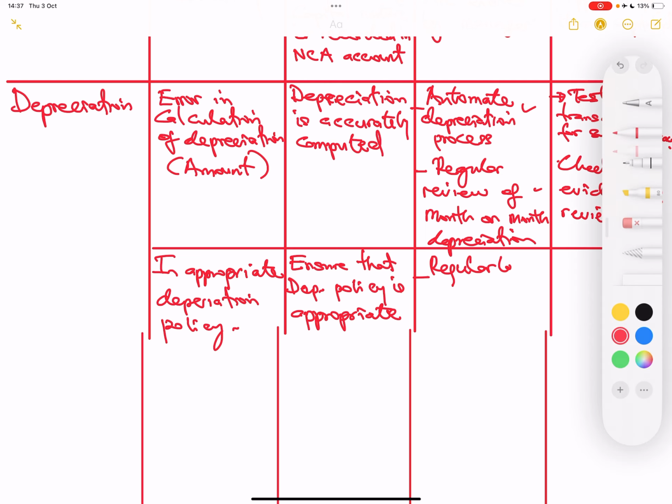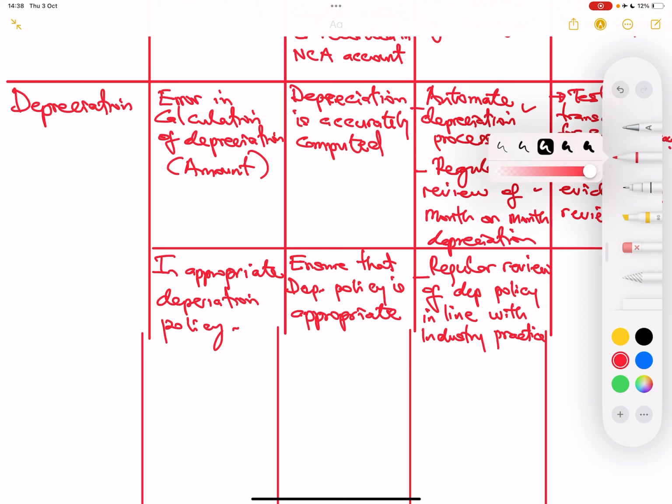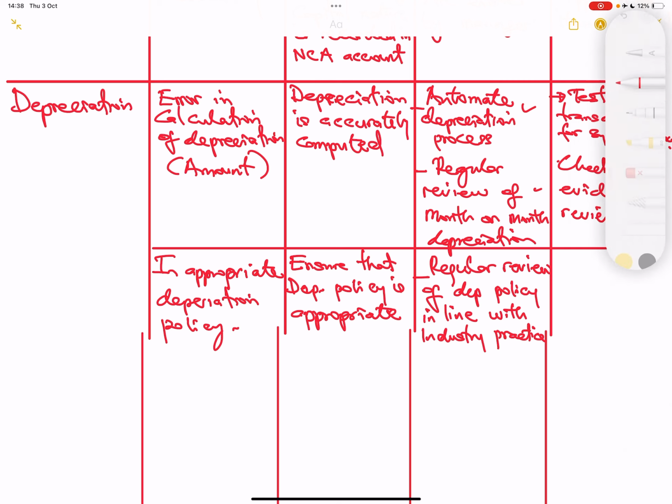Very important, because without that, we will not know that what we are doing is wrong. So regular review of depreciation policy in line with industry practice.